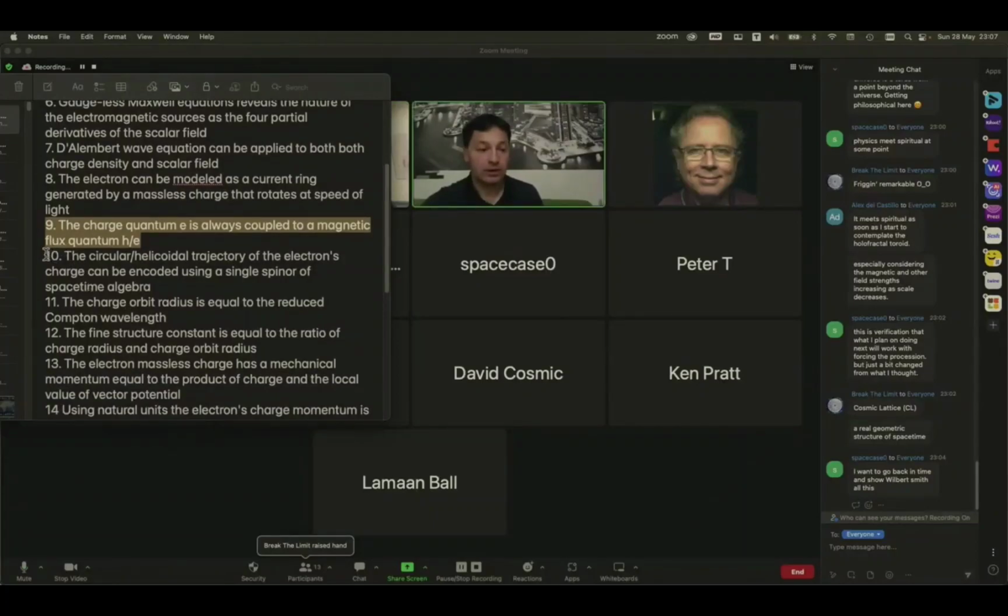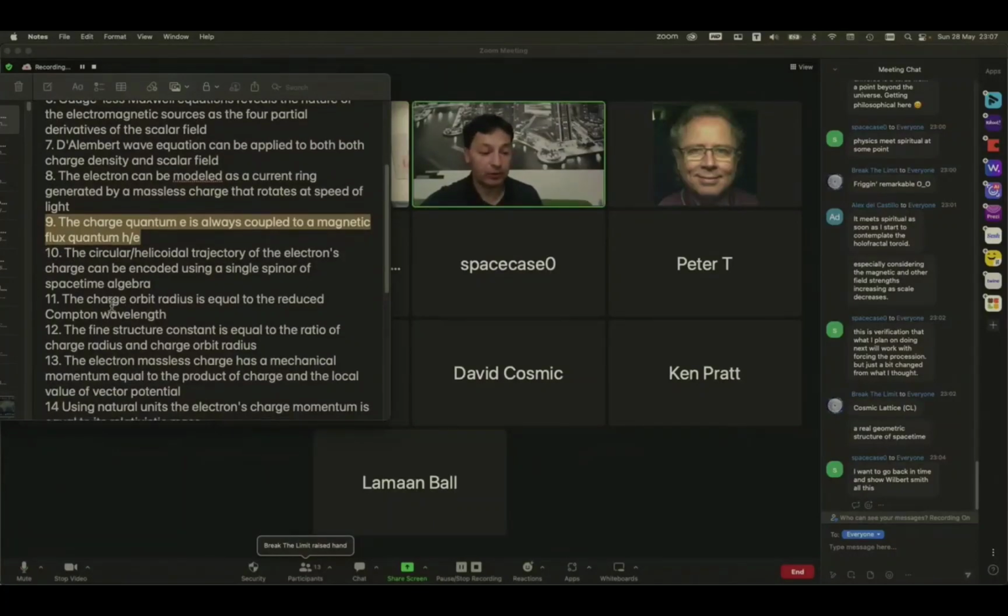So this I did not talk about, but one question that comes up is why are the electric charges quantized? Why don't we have a half elementary charge or a quarter elementary charge?